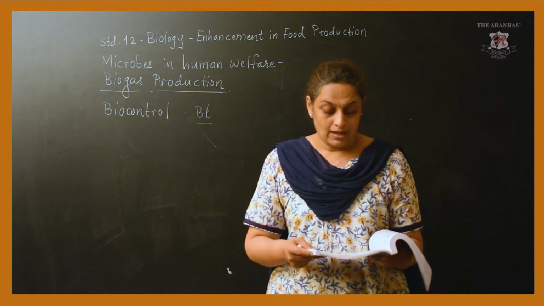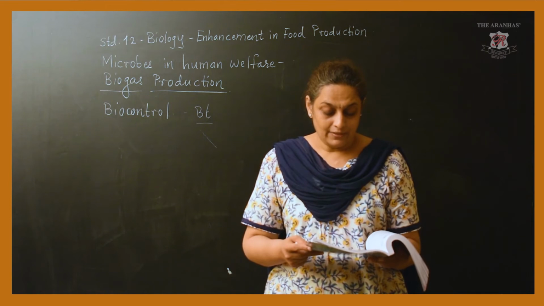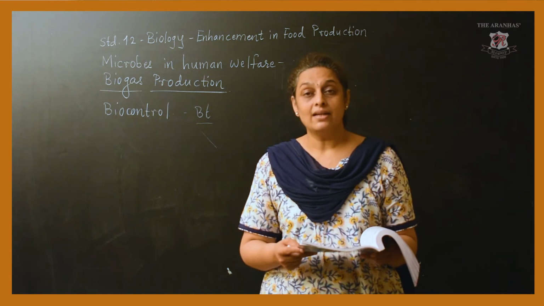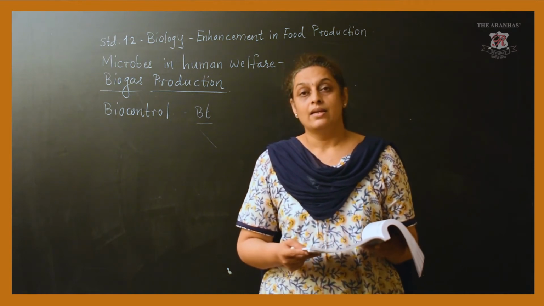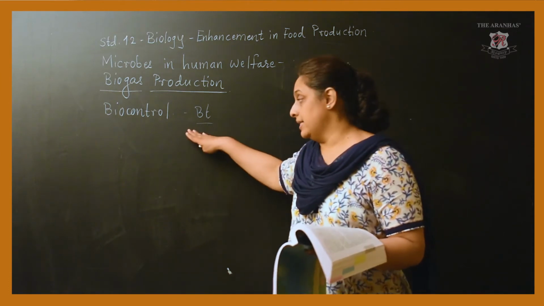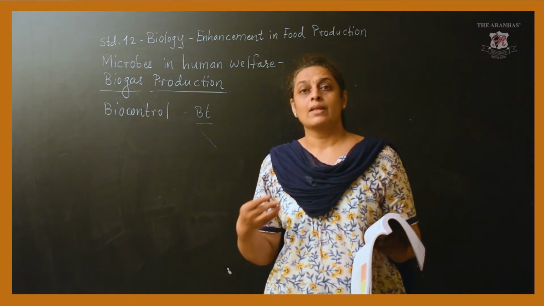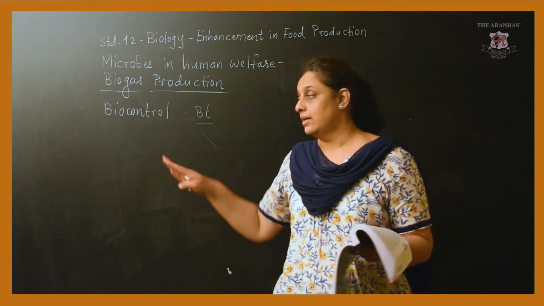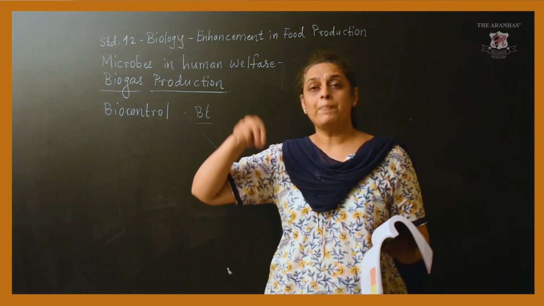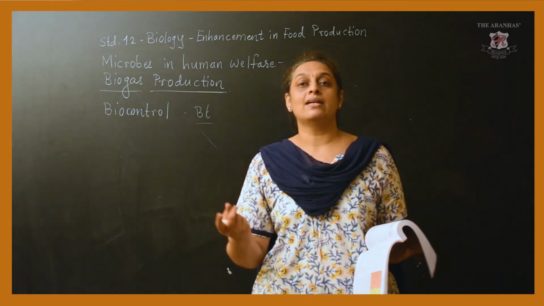So, this particular Bt gene is very useful in killing larvae, and that's why Bt varieties, that is varieties of cotton or brassica, they have this particular Bt gene. Those crops have that Bt gene inside, and then they are cultivated.